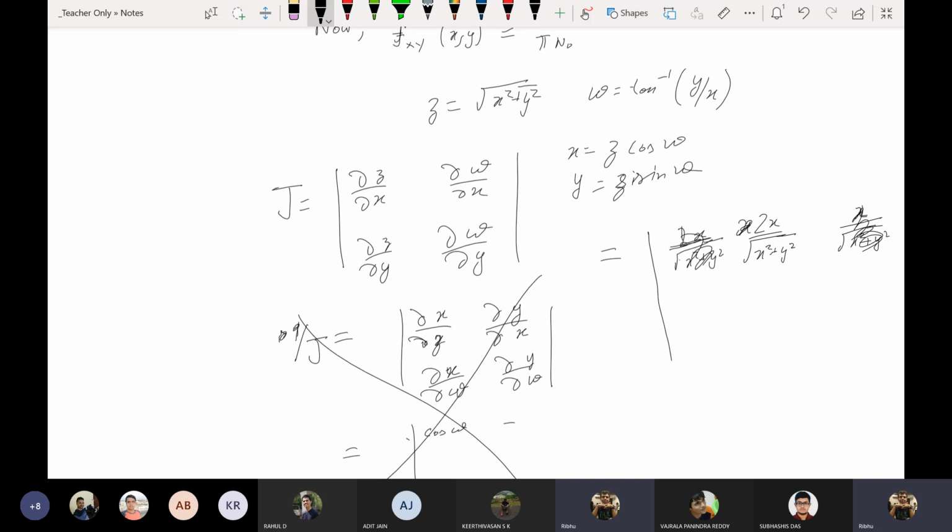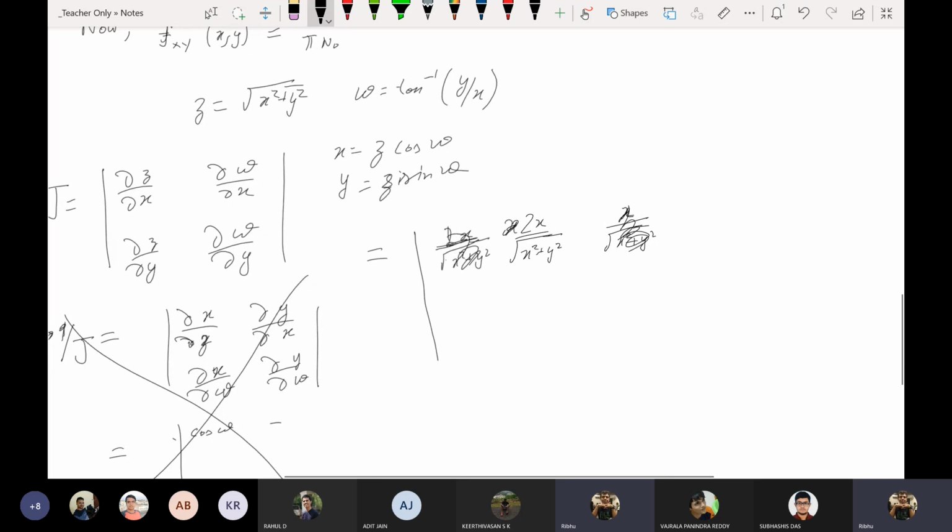So what is the derivative of tan inverse y upon x? Can anyone help me with this?